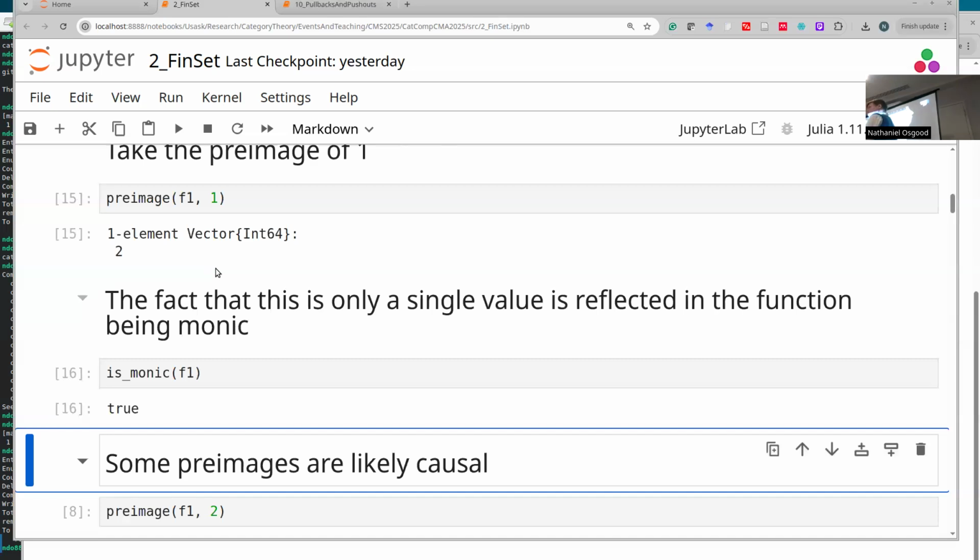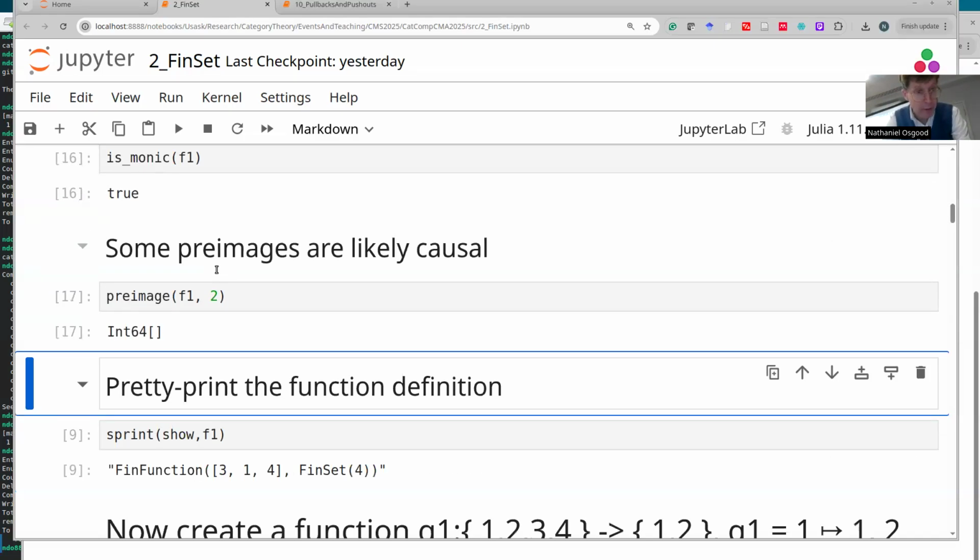There are no 2 elements of the target, 1, 2, 3, 4, FinSet 4, which are mapped to by the same thing in 1, 2, 3. So it is true that it's monomorphic. I do want to highlight that while it boils down to injectivity here, this is something we can ask of any morphism within Catlab, whether it's monomorphic.